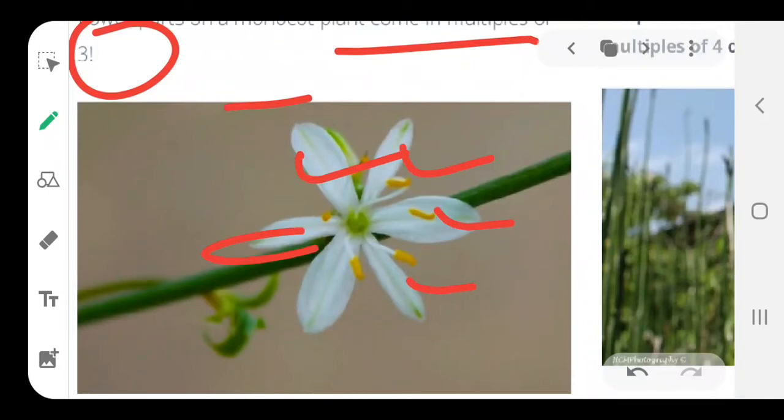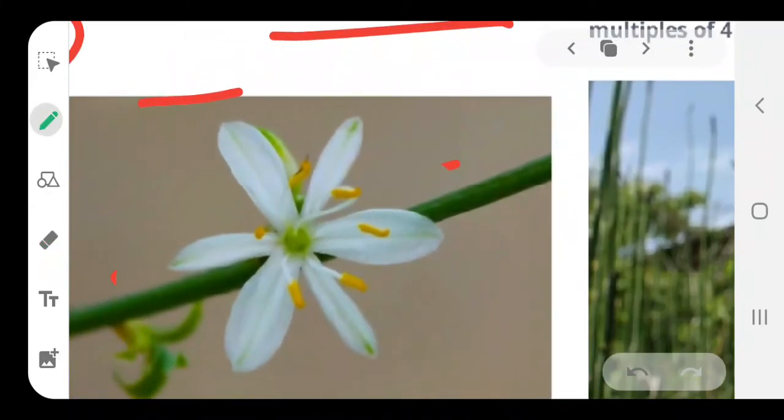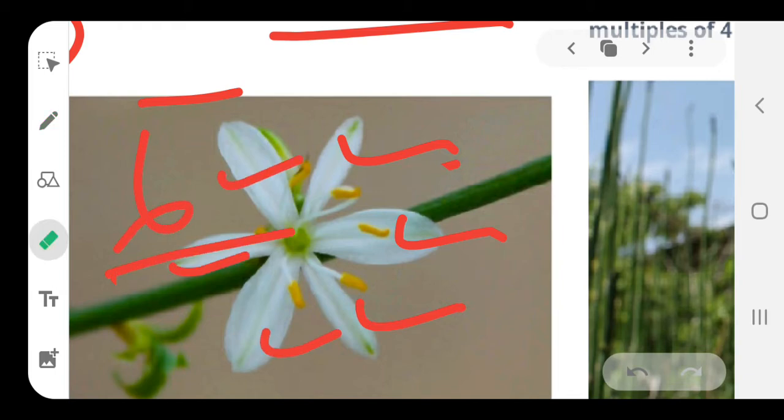As a result, these parts of the flower come in multiples of 3. If you magnify it, you can see these parts 1, 2, 3, 4, 5, 6. So that is the multiple of 3.